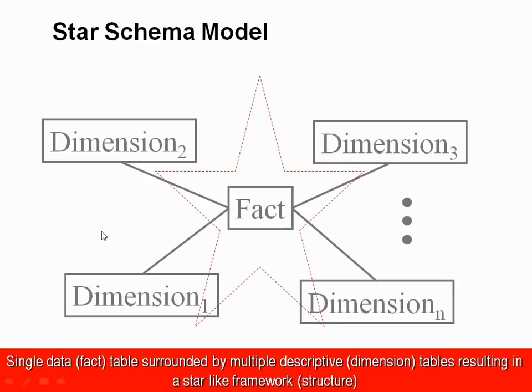Okay, and one central point is the fact table, and all other dimensions are directly joined. We don't have any other tables outside. That's why it is called star schema, because it forms a star diagram.